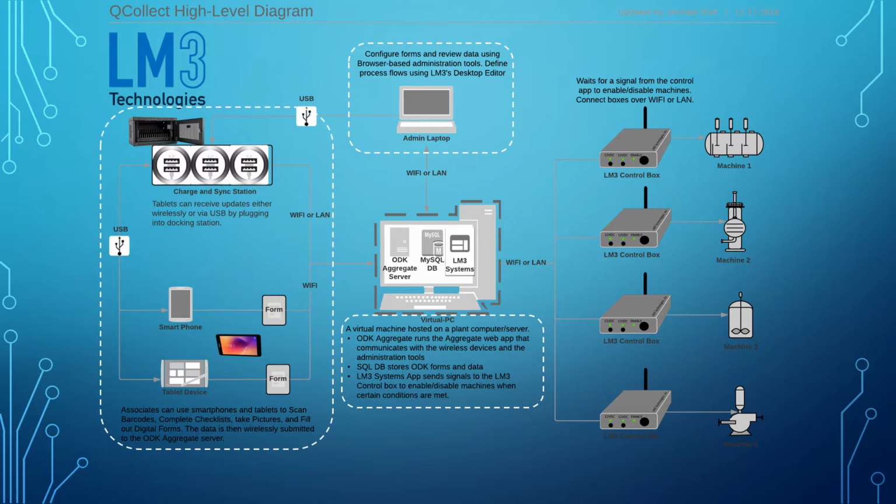Many mobile devices for collecting data can connect to the virtual machine over Wi-Fi when it's time to submit a completed form. And then, finally, several control boxes, which are connected to machines, connect to the ODK Aggregate server over Wi-Fi or LAN and wait for a signal to enable or disable their machines.